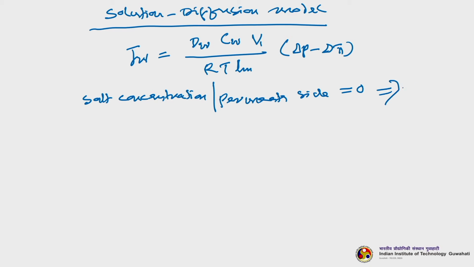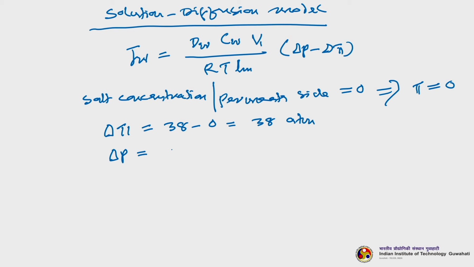Which indicates that the osmotic pressure pi equals 0 on the permeate side. Now you can calculate the osmotic pressure difference. So, delta pi equals 38 minus 0, which is nothing but 38 atmosphere, because the osmotic pressure at the permeate side equals 0.